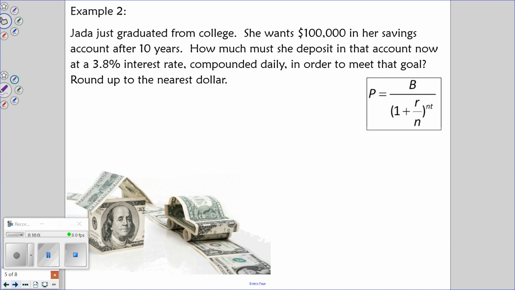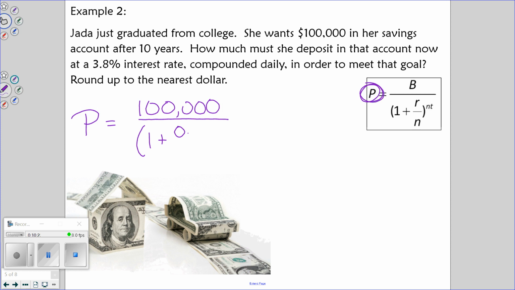Okay, so we know, and again, how much must she deposit? So I'm solving for the principal. How much am I putting in? I'm not solving for the ending balance. Okay, so she wants $100,000. 1 plus her rate, 0.038. If it's compounded daily, what is that? 365.